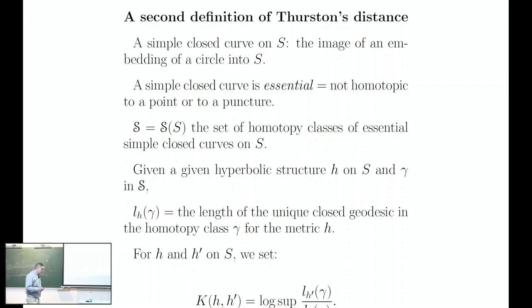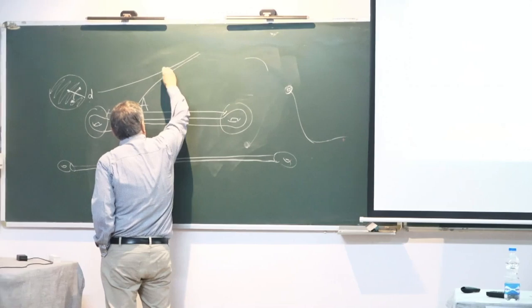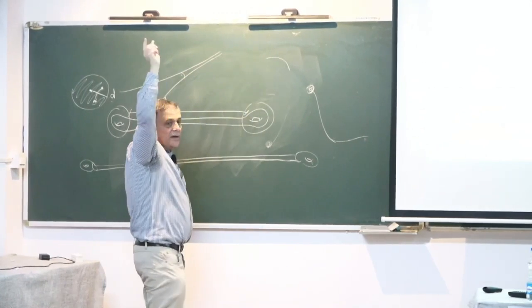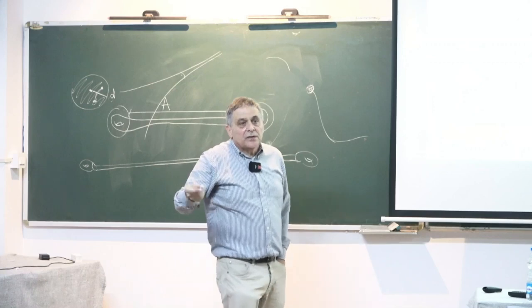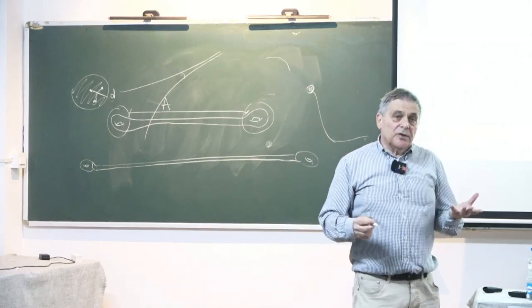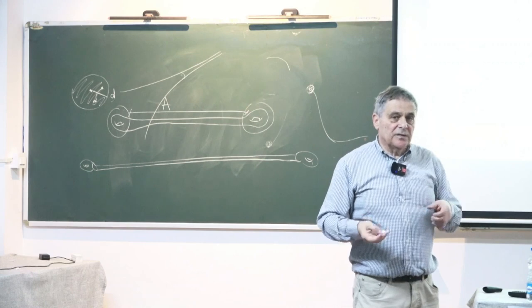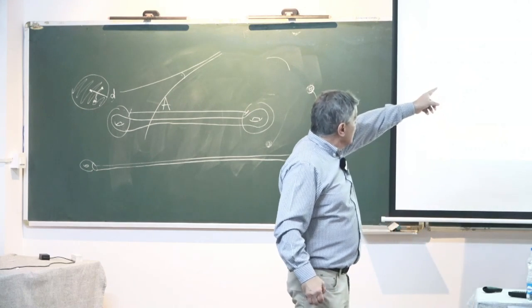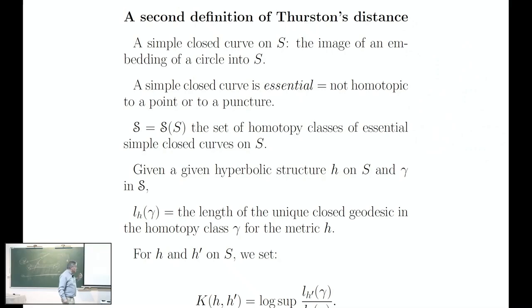We ignore the simple closed curves homotopic to a puncture because I can make it smaller and smaller, and its length goes to zero. I don't want to deal with such curves. When it's homotopic to a boundary component, then it's fine because the boundary component is an invariant of the surface.